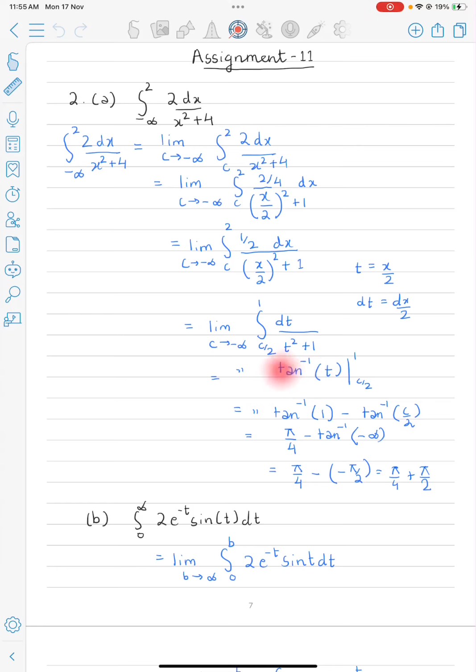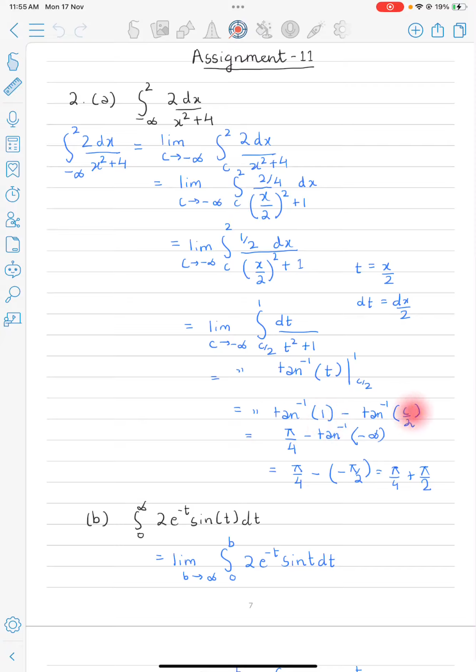Now this is tan inverse, with limit from c by 2 to 1. If you put the limit, this will be tan inverse 1 minus tan inverse c by 2.